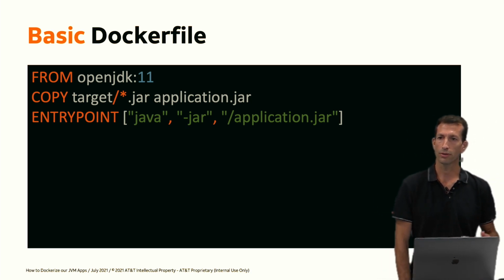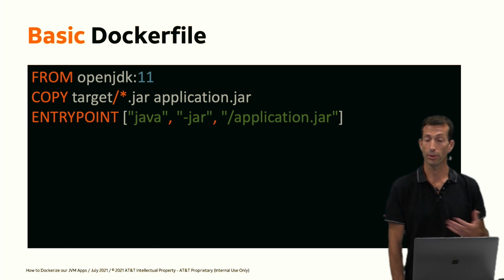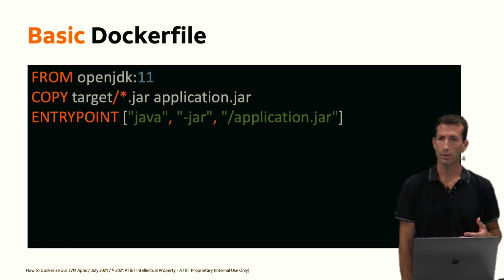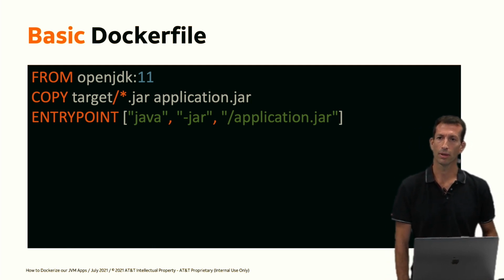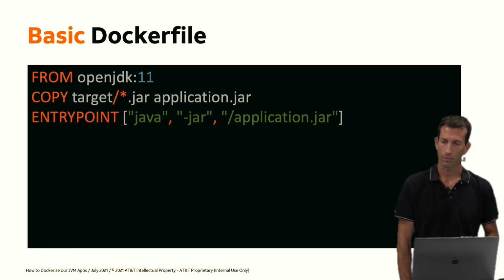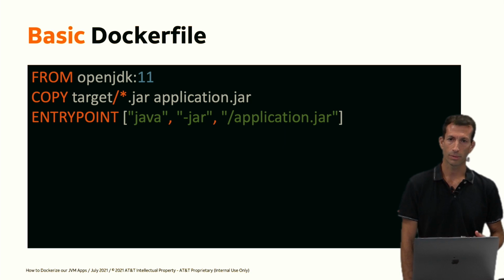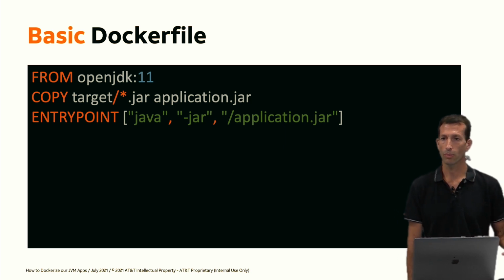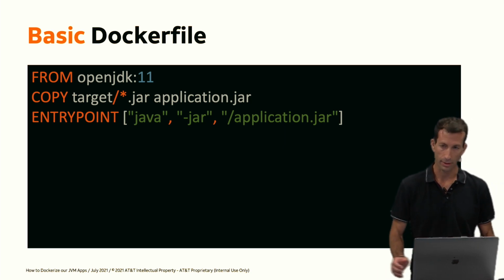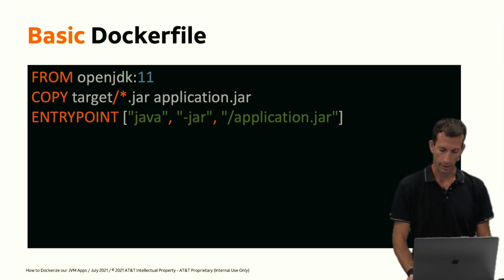We then instruct Docker to copy a pre-built jar on our host to the root of the image, and we're going to rename it application.jar. We used Maven here, so it's under the target directory. And last thing, we have the ENTRYPOINT, which is basically the command that's going to run when we start the container based on this image.